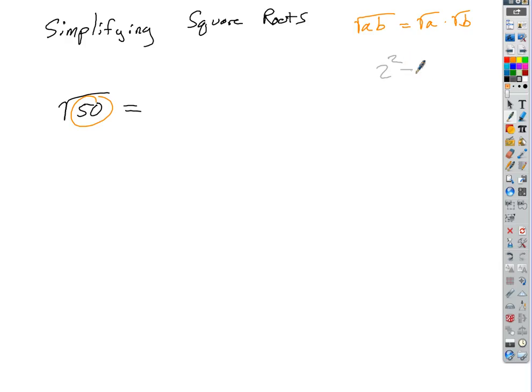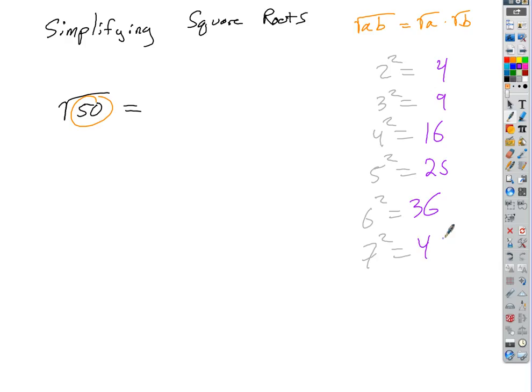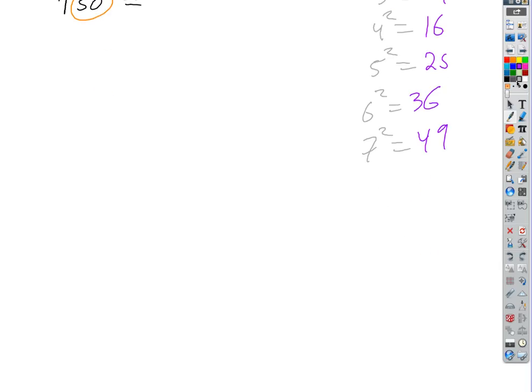So 2 squared is what? 4, okay. 3 squared is 9. 4 squared is 16. 5 squared is 25. 6 squared is 36. 7 squared is 49. 8 squared is 64. 9 squared? 81.